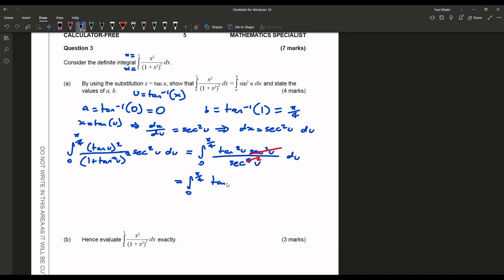So we've got tan squared u over secant squared u du. If we convert tan squared u to sine squared u over cos squared u, and secant squared u to 1 over cos squared u, you'll notice that the cos squared u cancels out. Since this and this cancelled, we're just left with the integral from 0 to pi over 4 of sine squared u du. And that is part A.